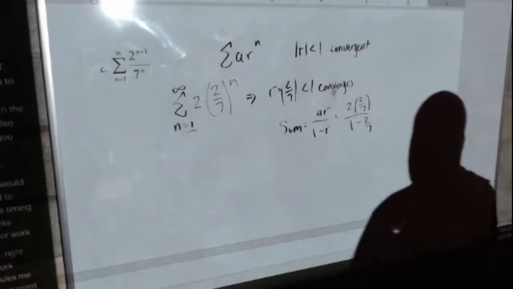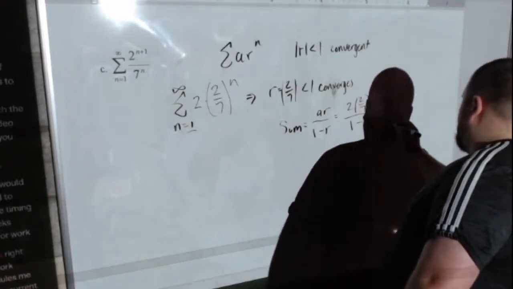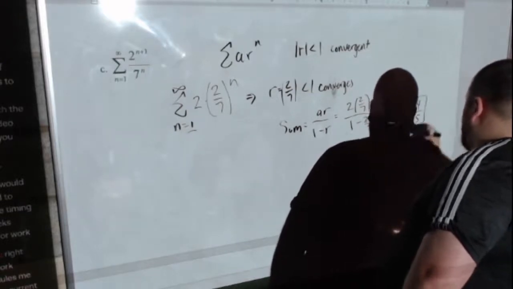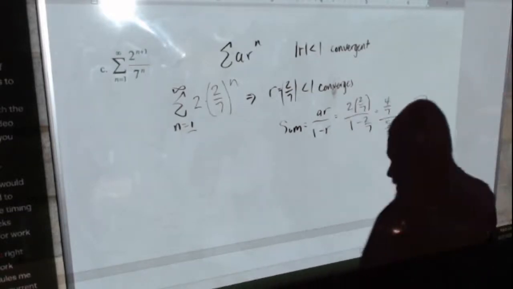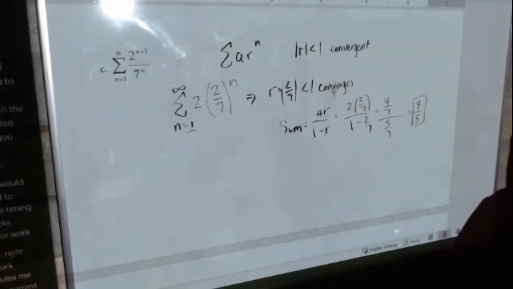So let's see, we've got 4 sevenths all over 5 sevenths, or 4 fifths. That would turn out to be. So still not that bad.